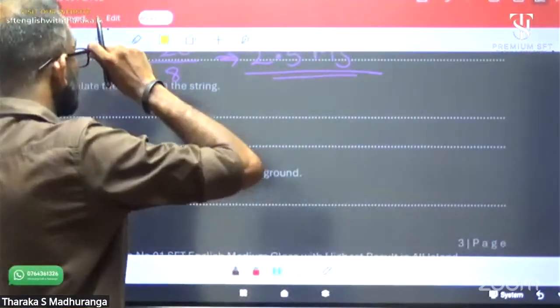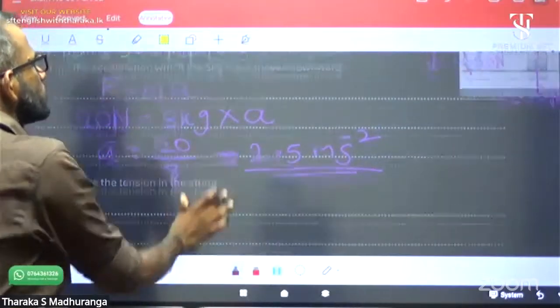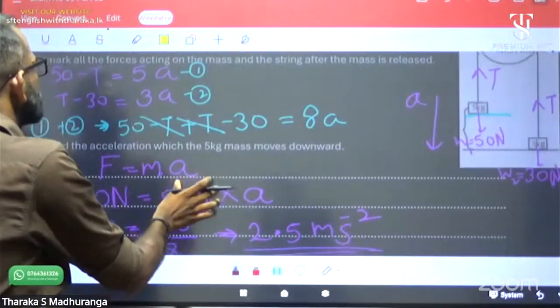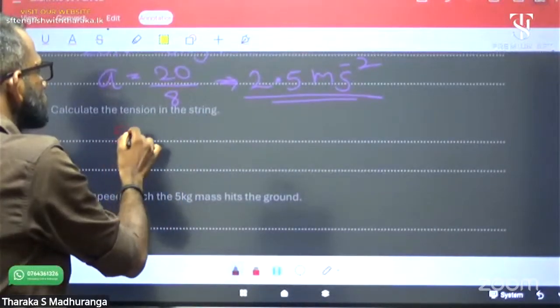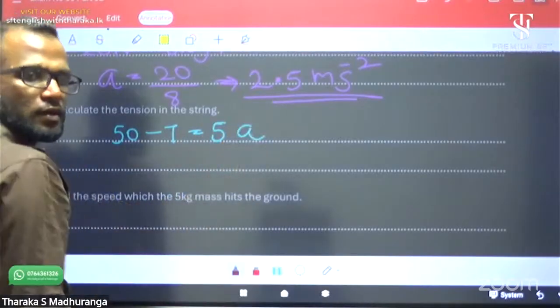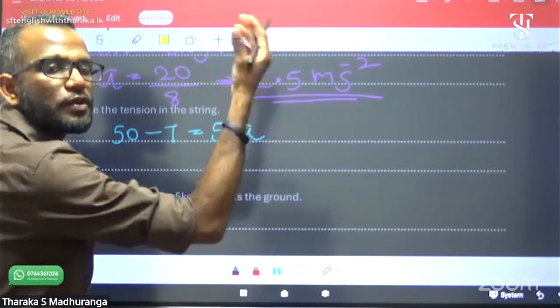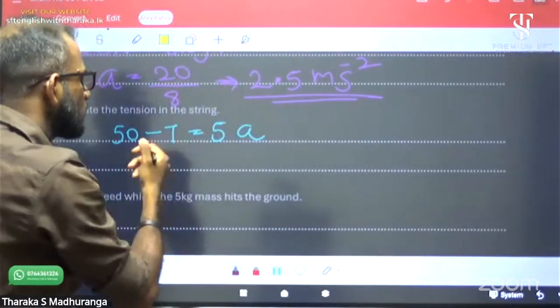Calculate the tension in the string. Now it is easy. Apply Newton's second law to one mass, the 5 kilogram or the 3 kilogram.